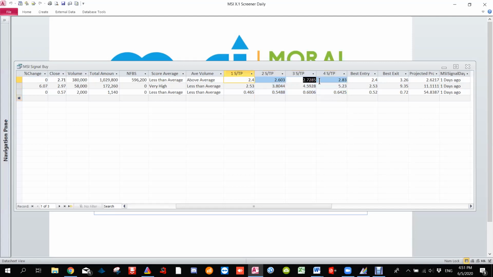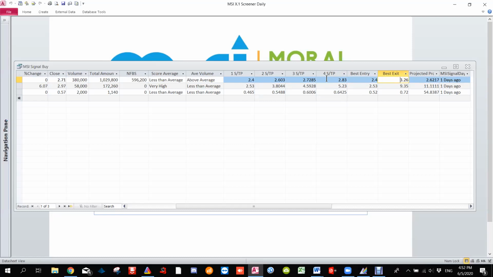So this will be your buy price, or your support price, and your target price will be 2.83. Got it? And the best exit is its last sell price.